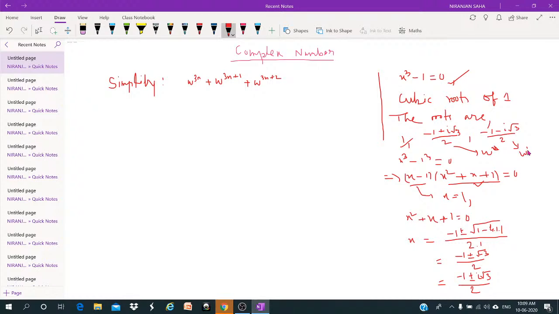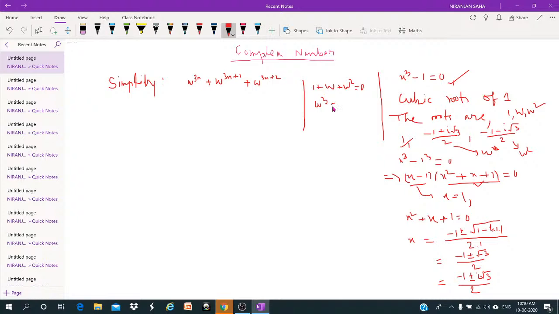The roots can be written as 1, omega, omega square. What is the relation between these roots? The sum of the roots, 1 plus omega plus omega square, must be equal to 0. And the other relation: the product of the roots, which is omega cube, is equal to 1.